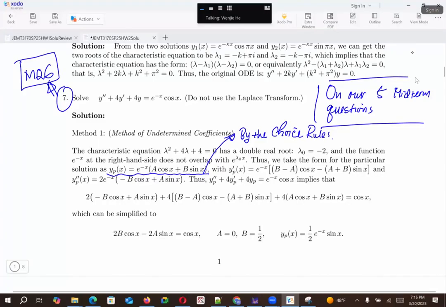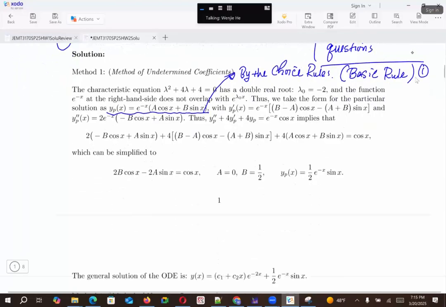But this is a simple way, we call it basic rules. So here we apply the basic rules. There are 3 rules. This is the first one, the basic rule.